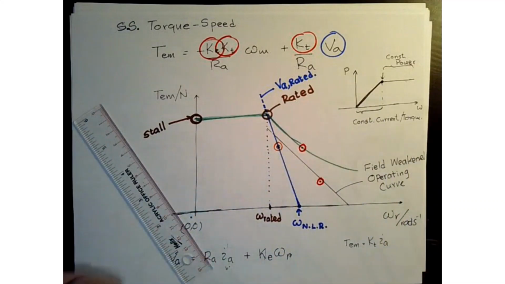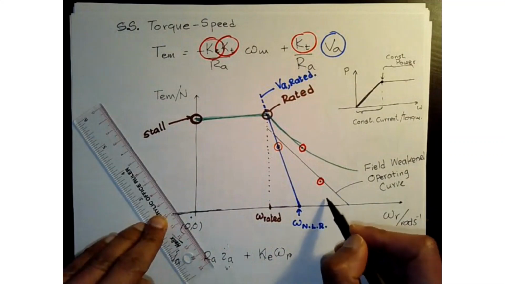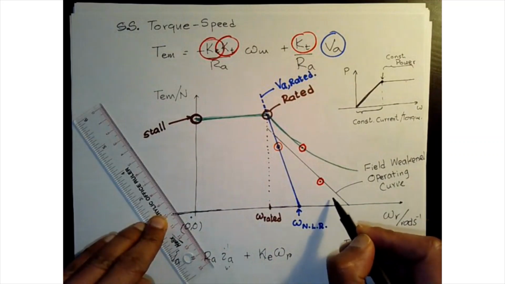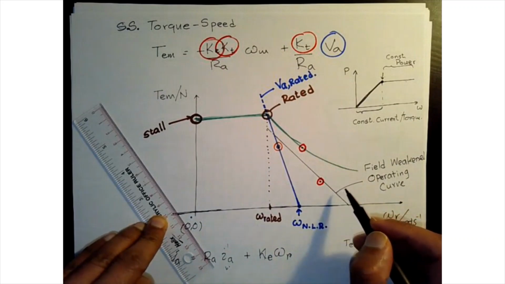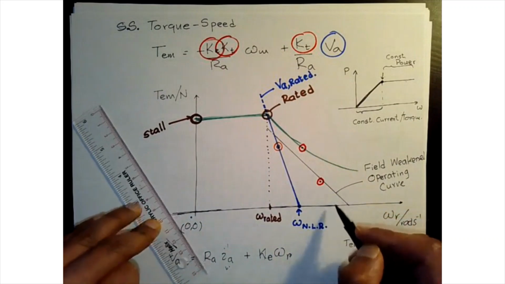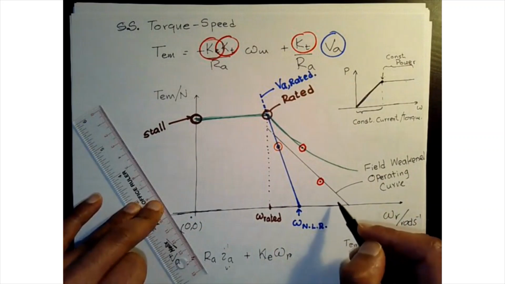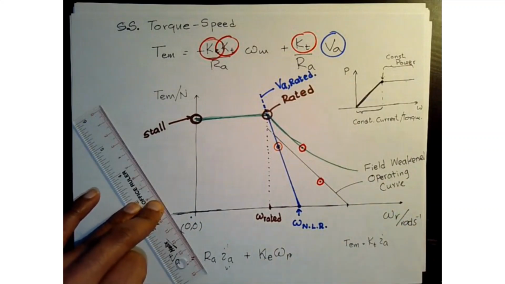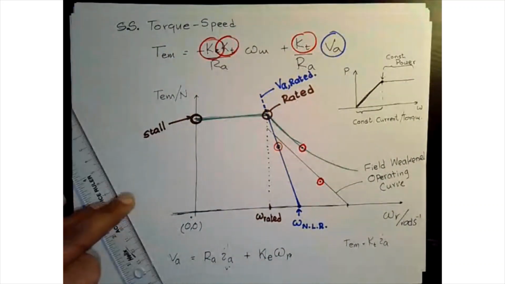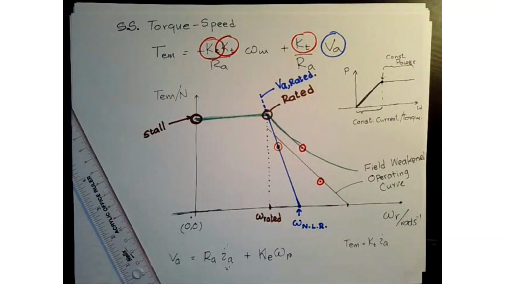So you influenced the slope. You change your slope as well as your x-intercept. Both are affected. Good. So this is called field weakening control.